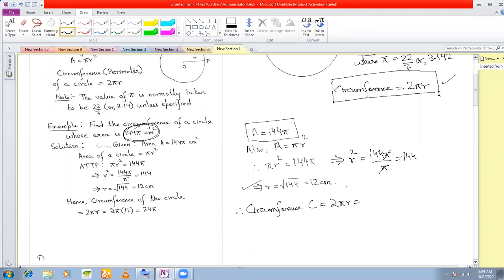We will not put pi equal to 22 by 7 or 3.142. So what you do here is 2 into pi into the radius 12. So what you get here is 24 pi. And what is the unit of this circumference? The unit of this circumference is centimeter only.